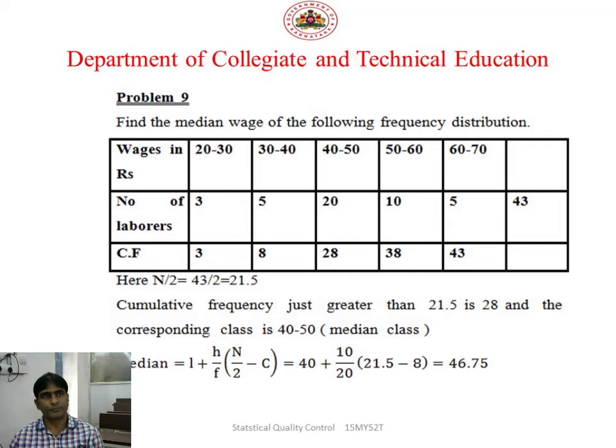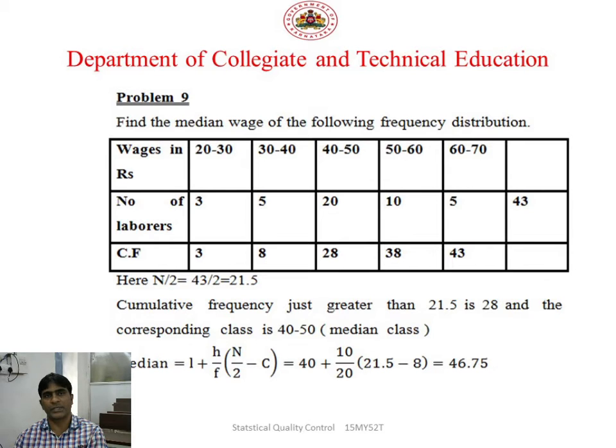Here also we should calculate n by 2. What is n by 2? The total n we have got is 43, divided by 2, it's 21.5. Next, you should look in the cumulative frequency for the value just greater than 21.5, which is 28.